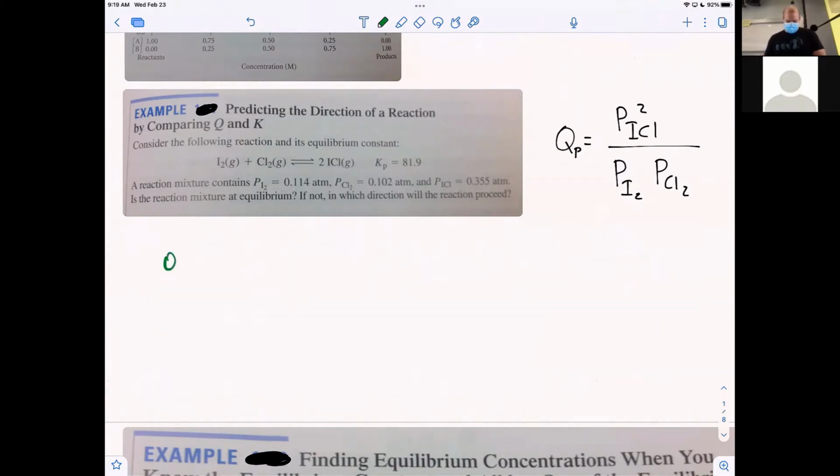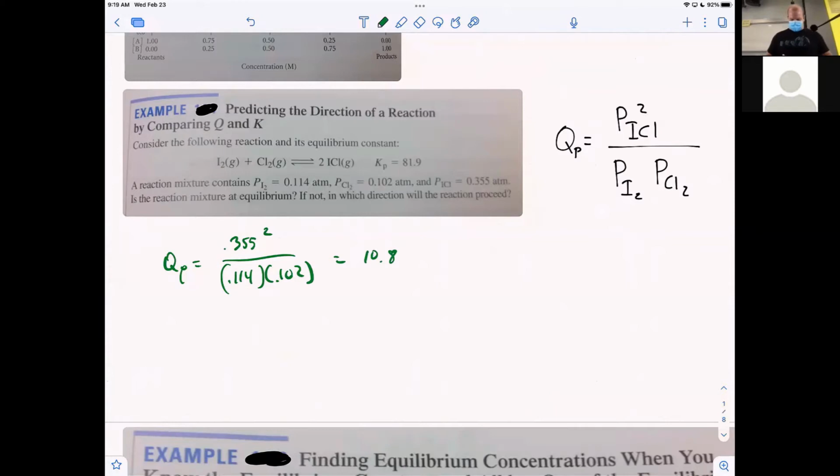That means our Qp is 0.355 squared over 0.114 times 0.102. That's going to be 10.8.